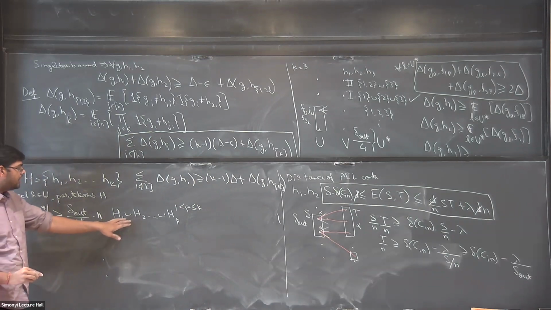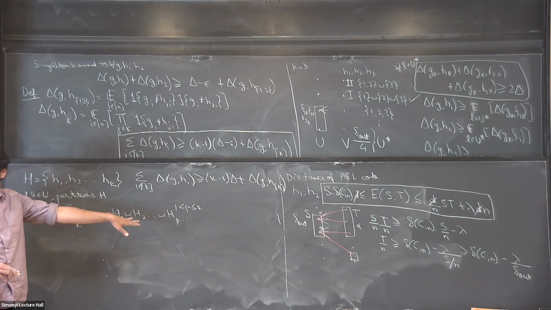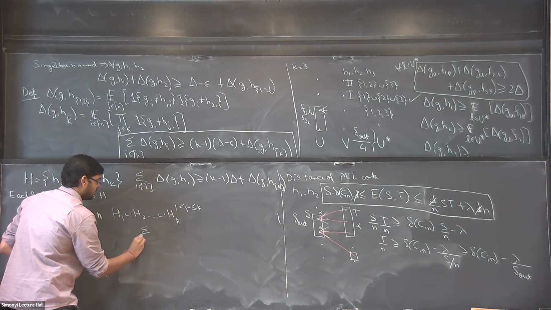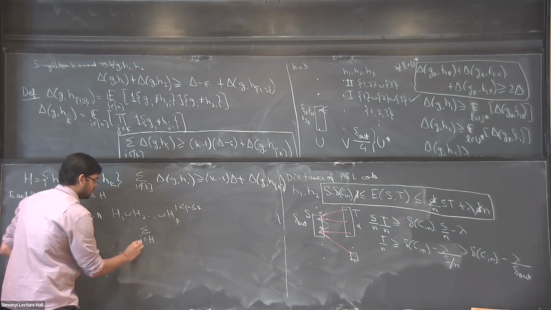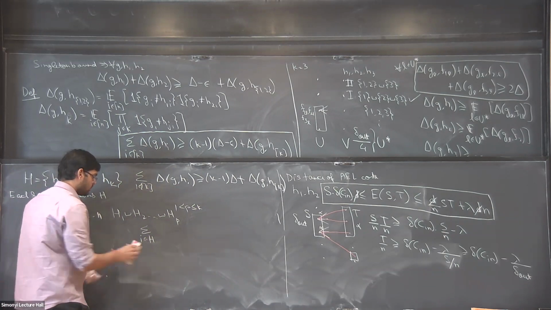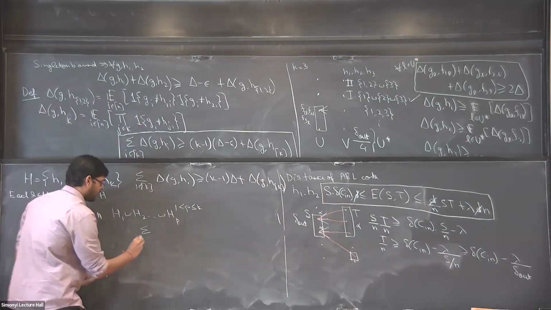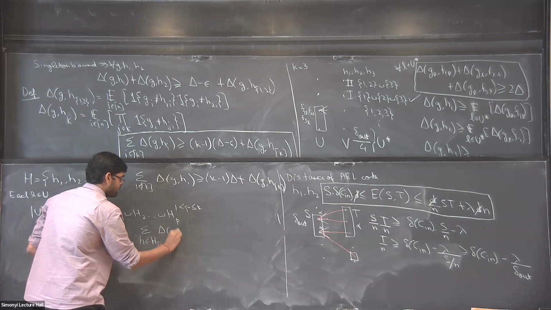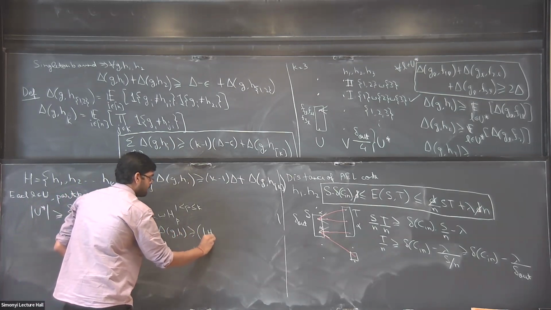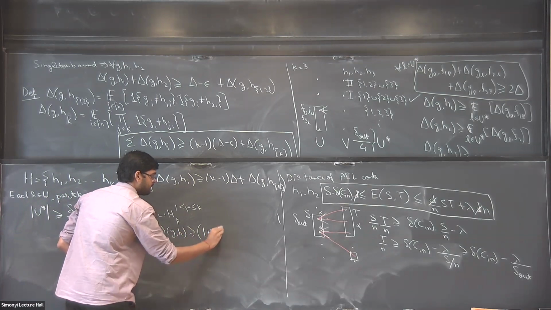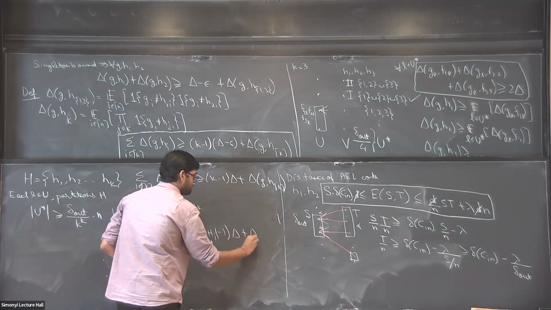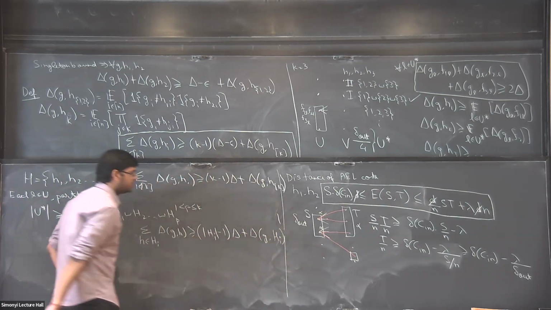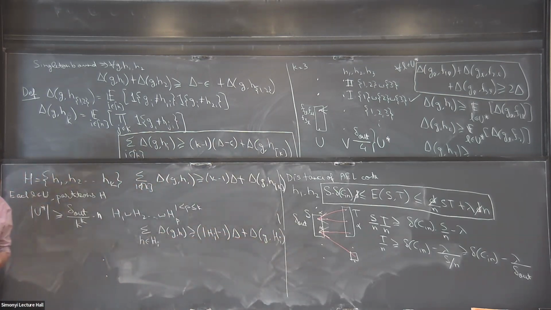So we'll apply induction on H1, H2, HP, all of them individually. With induction, we can always get this. Slightly overloaded notation just means the common error locations there.